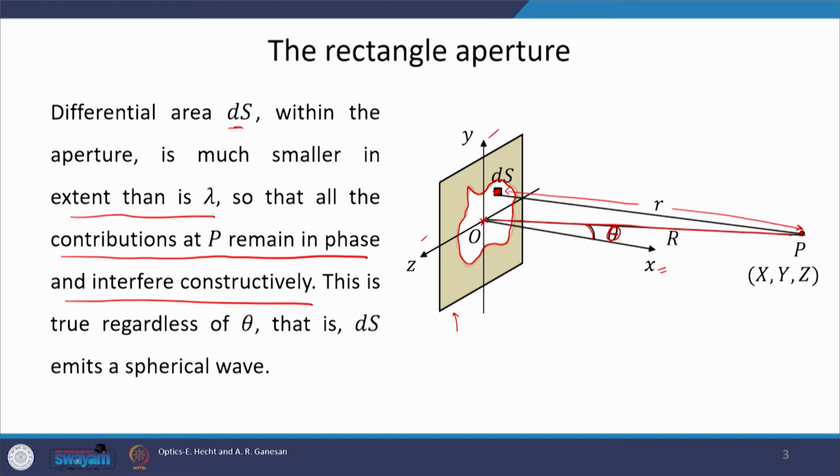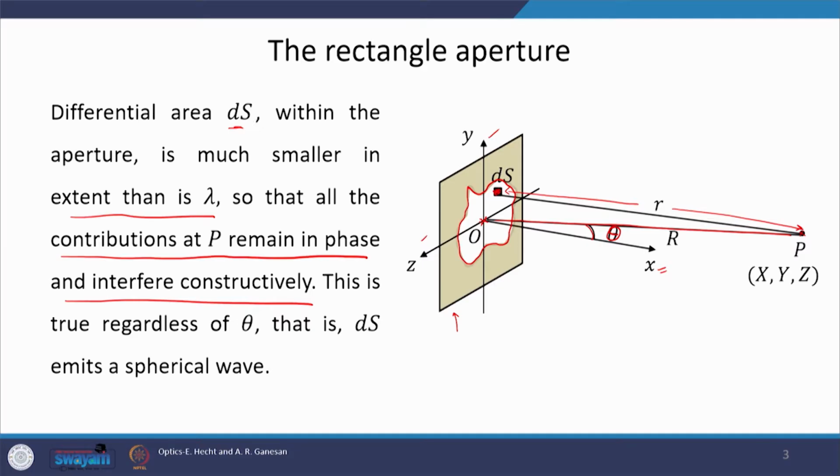Since this area element is assumed to be even smaller than the wavelength of light, all the light emanating from this area element dS will interfere constructively at the point of observation P, and this is true regardless of theta.